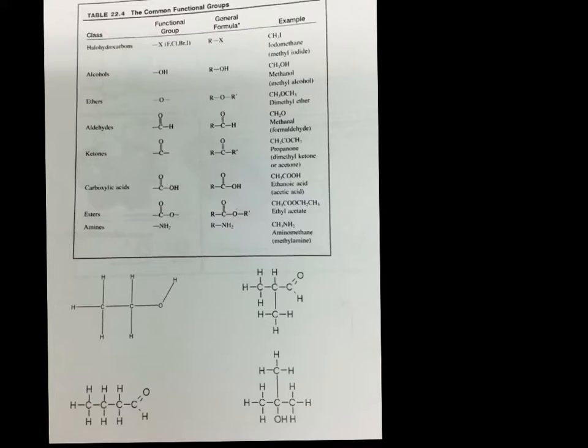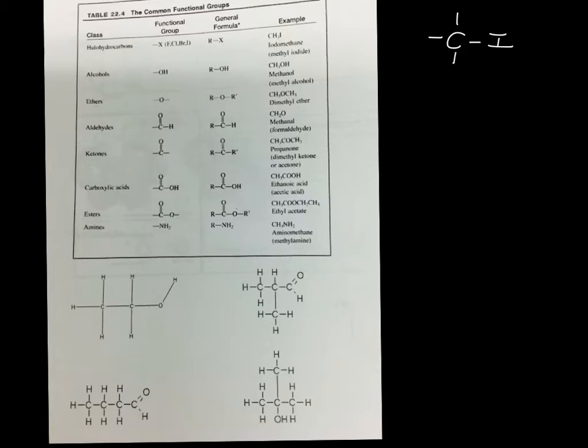They basically took methane, which is 1 carbon, and put an iodine on there. So iodomethane. If I had an F there, it would be fluoromethane. If I had a Cl there, it would be chloromethane. So on and so forth.